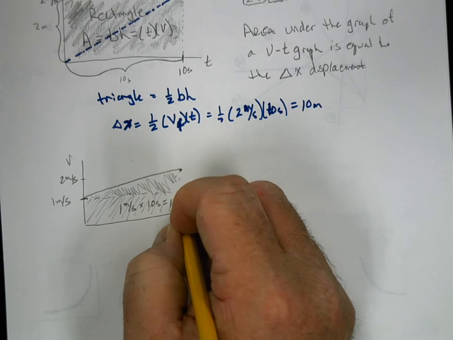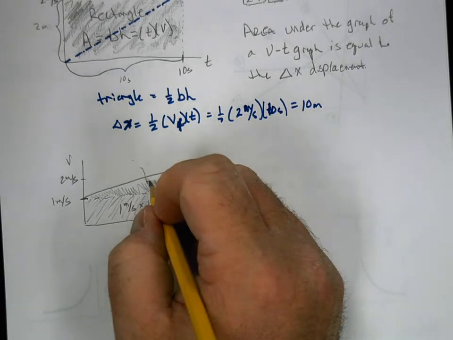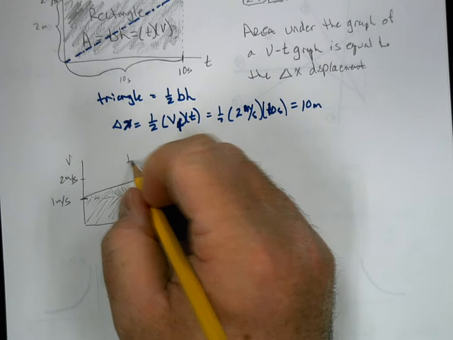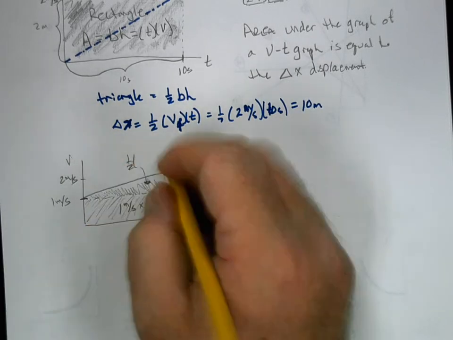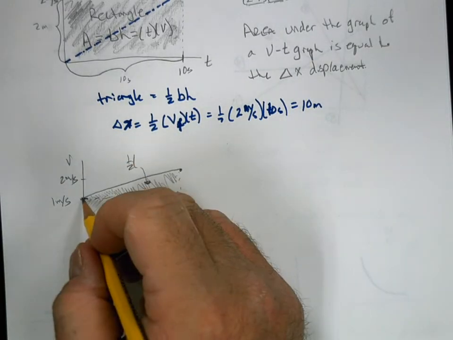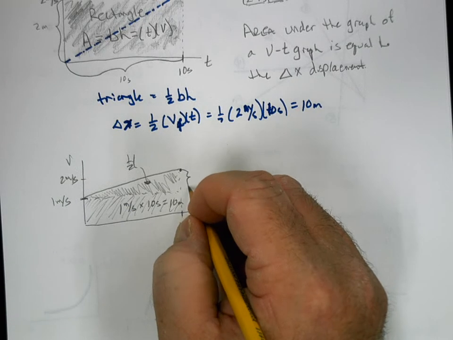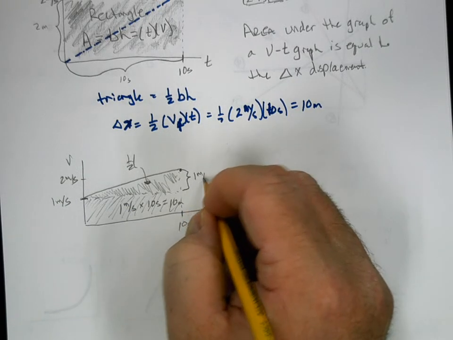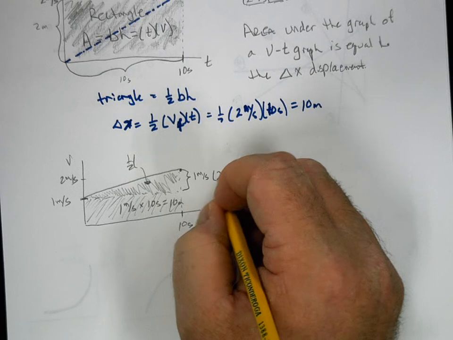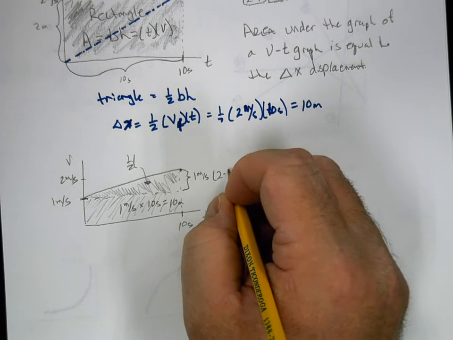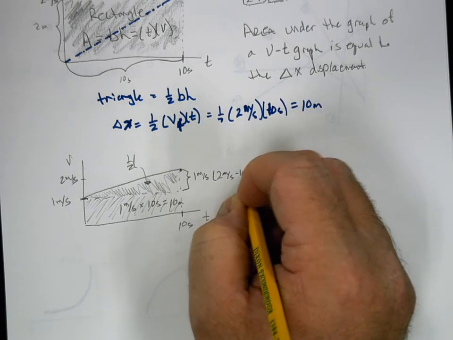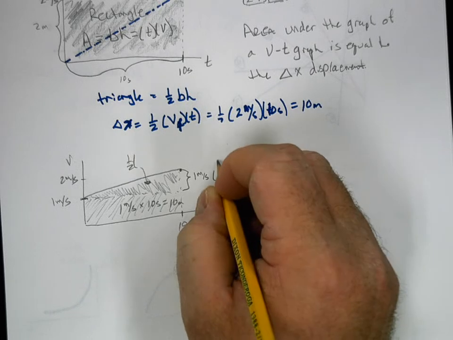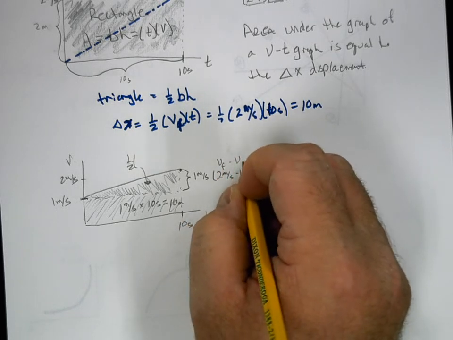Or up here, this would be 1/2 times, and what is this height right here? That's going to be 1 meter per second, which we get by 2 meters per second minus 1 meter per second, because that would be v final minus v initial, also known as delta v.